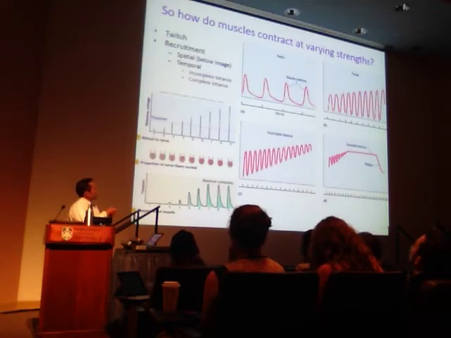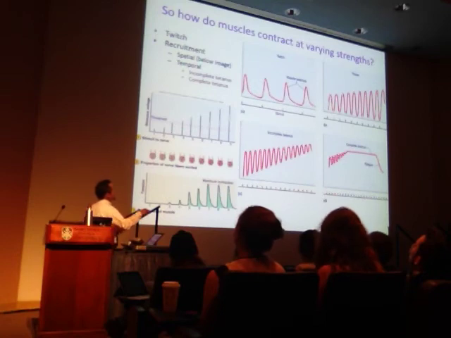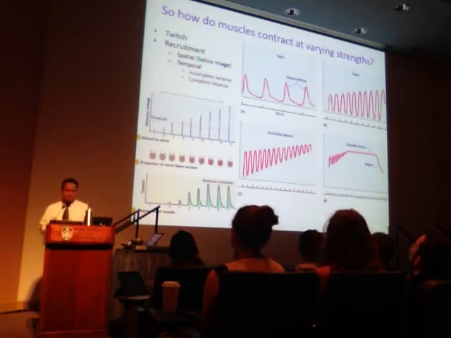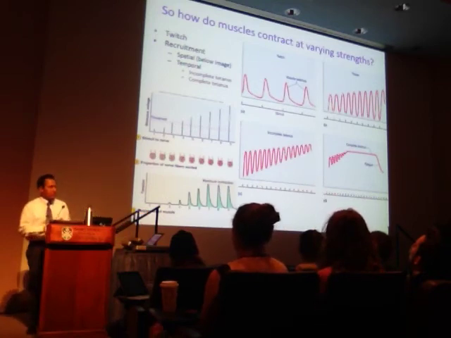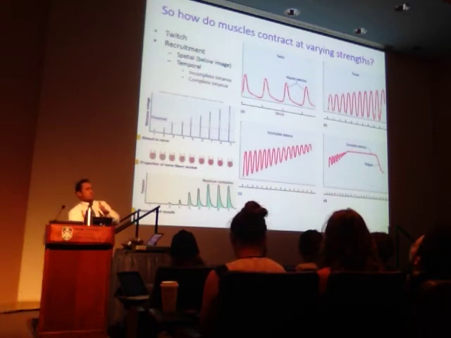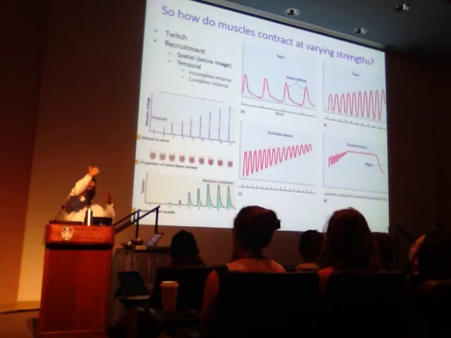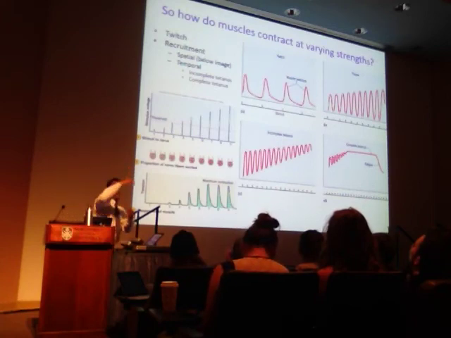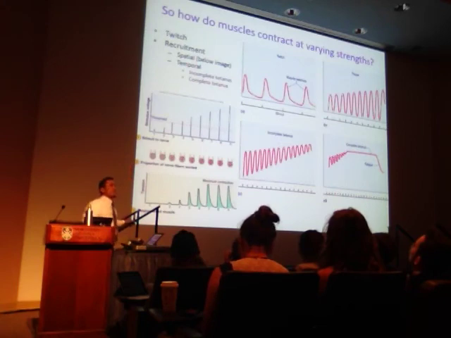You can also see the closeness here versus how much closer these are. So this is an additional way to recruit, where you fire temporally, and before the time allows it to come back to rest, you fire again. And now you can increase the force production that happens in that muscle.